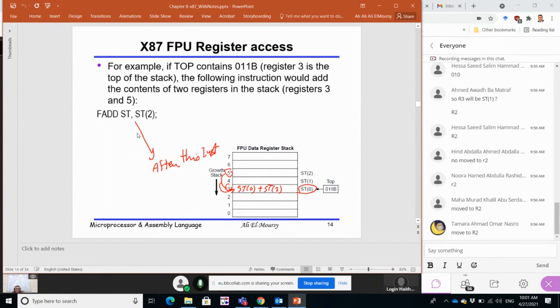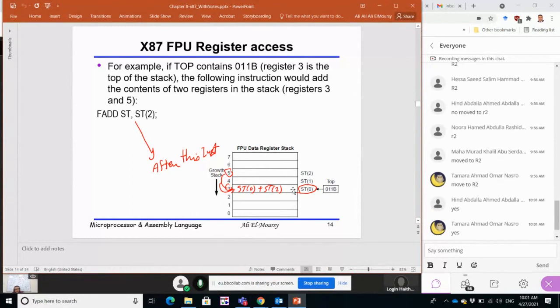The adder will perform the addition between the two registers, and it will push back the result of the addition into the top of the stack, which is the original location of ST0. So ST0 plus ST2 will be added together and placed in the location of ST0. Agree? Make sense? Any questions?